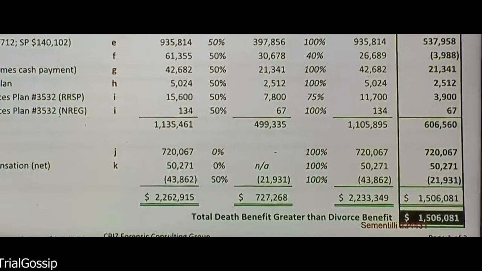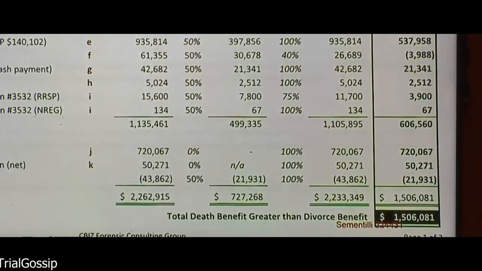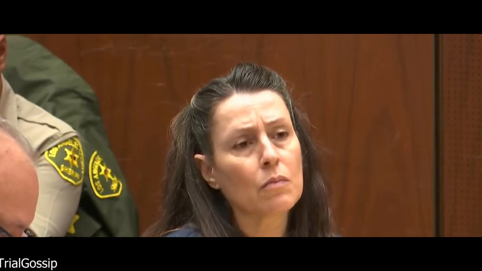And then on line 25, you have something called post-death separation compensation. What is that? The company elected to continue to pay Mr. Sementilli for 6 months after he passed, and so that compensation, this is the net that was received after tax, that amounted to $50,271, but in a divorce situation, that would be his separate property.